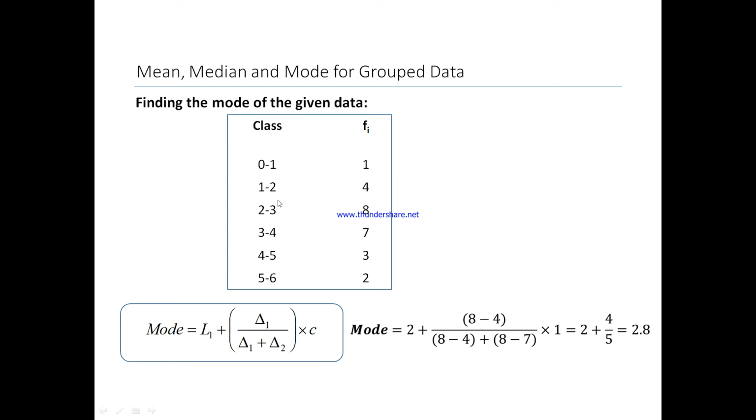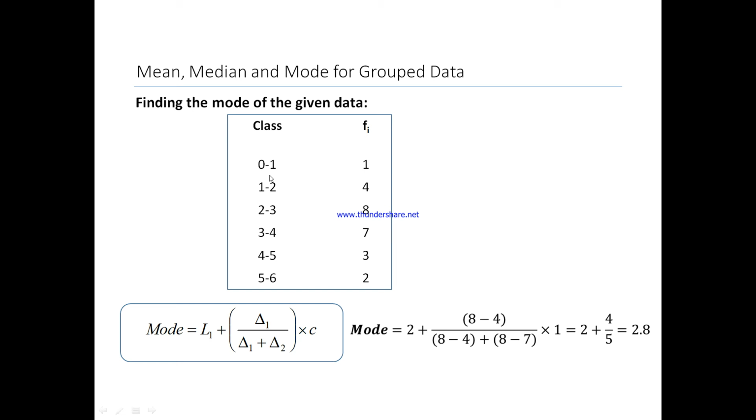After finding the modal class, L1 is the lower boundary of the modal class. Again it's 2, so you can substitute 2. Simply C is the width, the difference between these two values, 3 minus 2, that is 1. You can substitute it here. And delta 1 is the difference between the frequencies of the modal class and the preceding class, that is the class before the modal class.